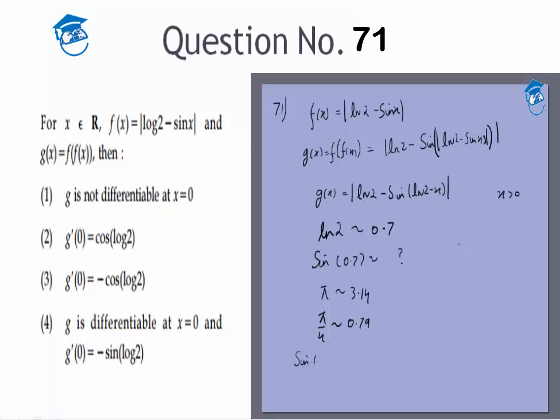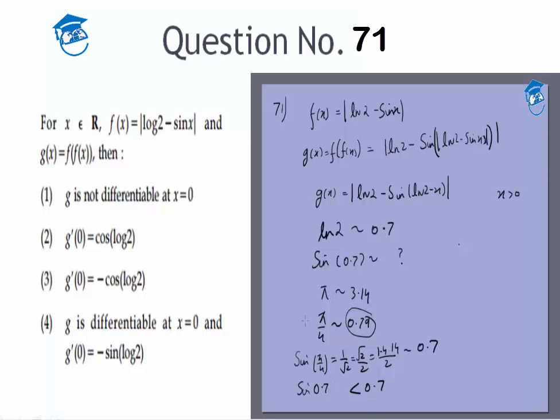And we know sin of pi by 4 is 1 by root 2, which is root 2 by 2, which is 1.414 by 2, approximately 0.7, right? So we know that sin of pi by 4, sin of 0.79, is approximately 0.7. So sin of something smaller than that, sin of 0.7, will obviously be less than 0.7, because sin x is an increasing function.